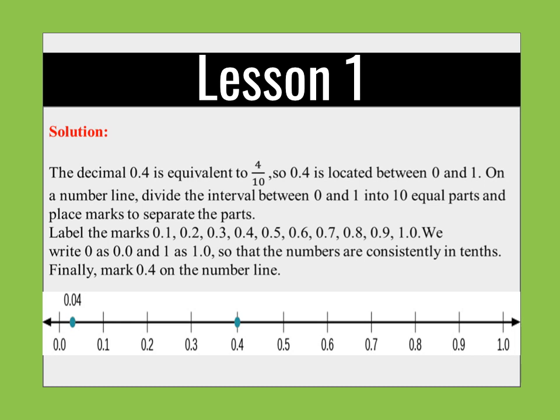Label the marks 0.1, 0.2, 0.3 until 1.0. We write 0 as 0.0 and 1 as 1.0 so that the numbers are consistently in the tenths. Finally, mark 0.4 on the number line. Look at the number line below.